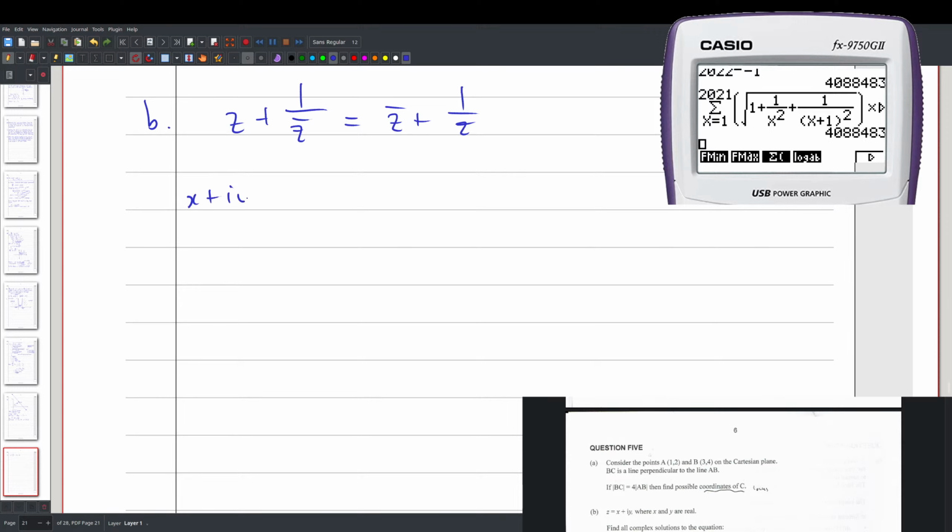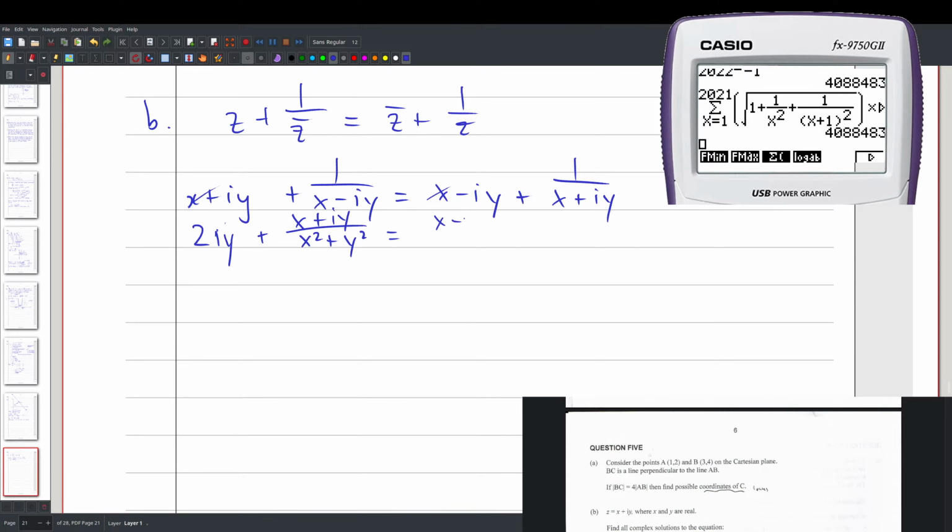X plus IY plus 1 on X minus IY equals X minus IY plus 1 on X plus IY. Alright, fair enough. You can cancel the X's. IY plus X plus IY on X squared plus Y squared is equal to negative 2IY, X minus IY on X squared plus Y squared.